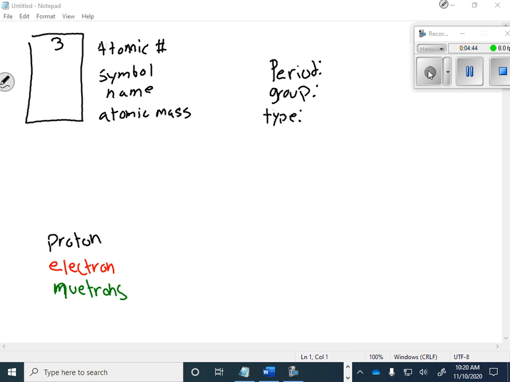So it has an atomic number of 3, has a symbol Li, the name lithium, and its atomic mass is 6.941. And then if we do the period, group, and type, lithium is in that first column. So it is group 1. It is in the second row, so it's period 2. And the type, if you look on your colored periodic table, is an alkali metal.